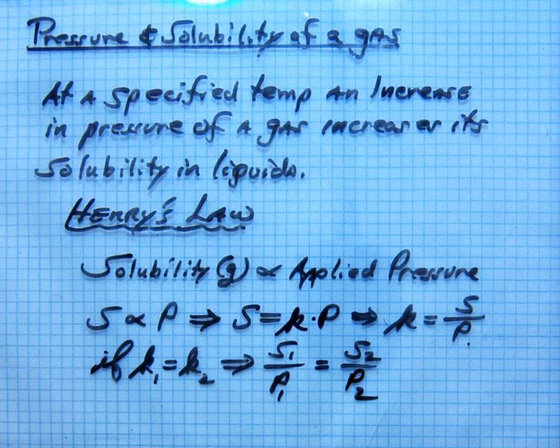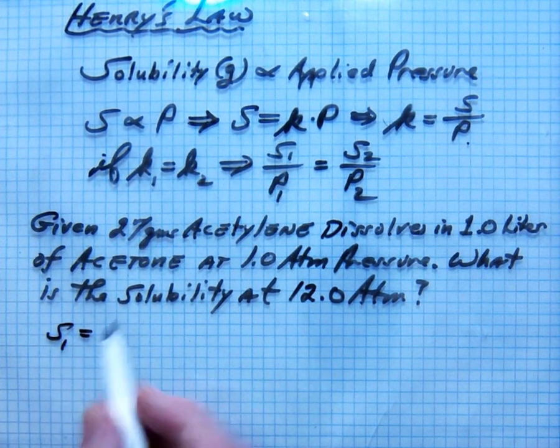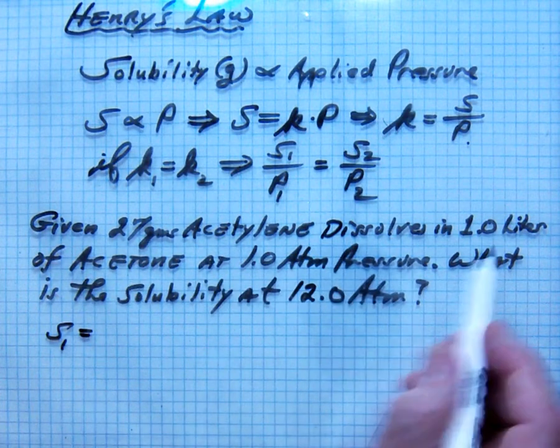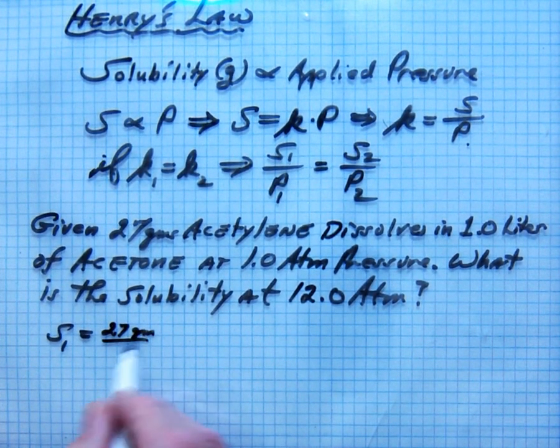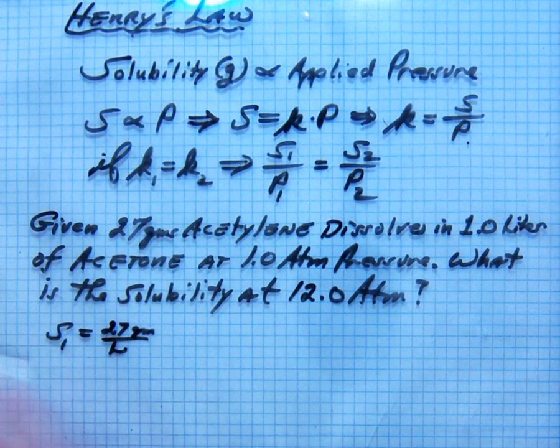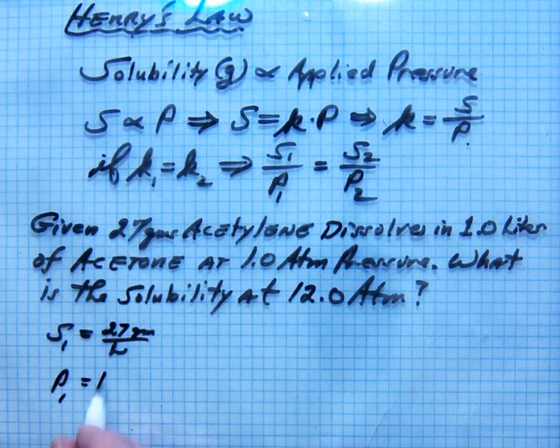You'll be given 3 of the 4 variables and solve for the unknown, typically the solubility. For case 1, solubility 1 is 27 grams per liter solution, and pressure 1 is 1 atmosphere.